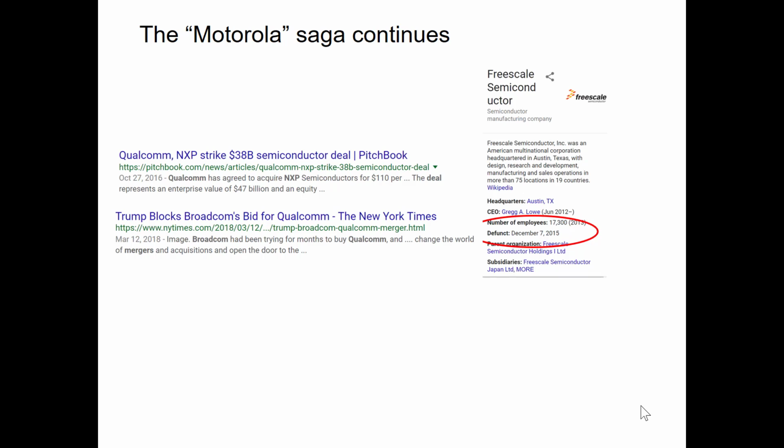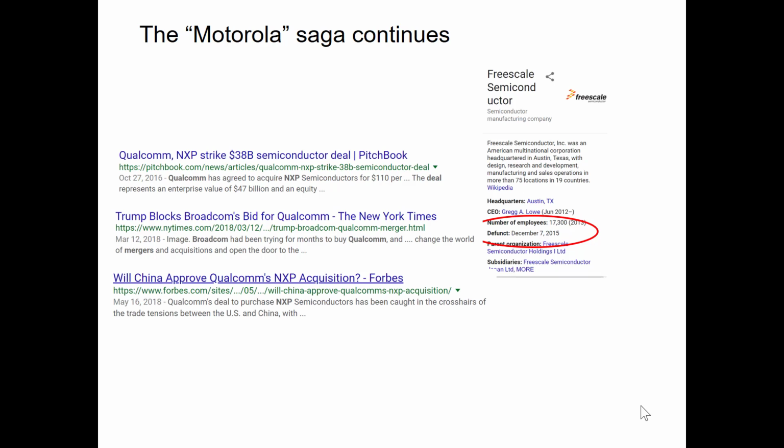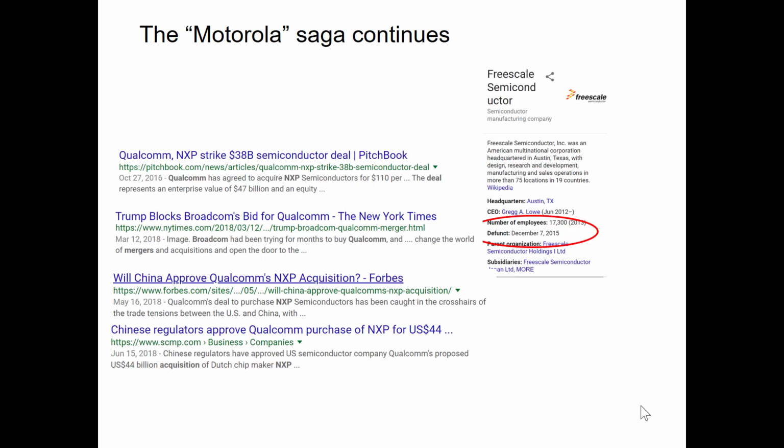And in May of 16, a little bit later, they were talking about Qualcomm's purchase of NXP. Some questions arose as to whether there might be some problems cropping up. And then in June of this year, the Chinese approved Qualcomm's purchase of NXP.